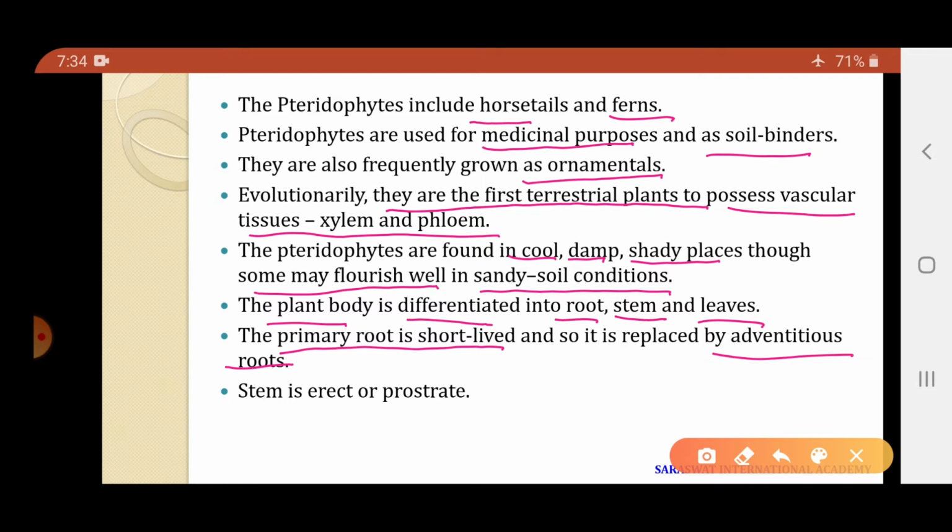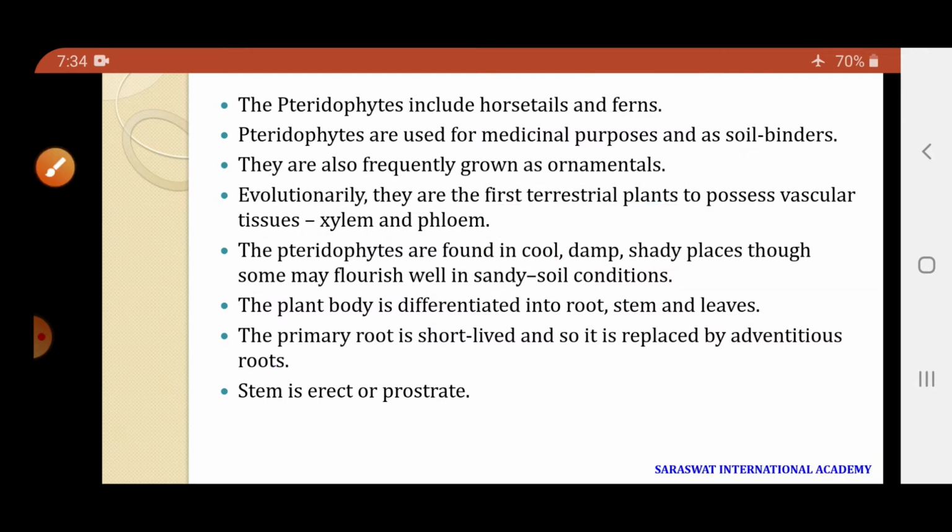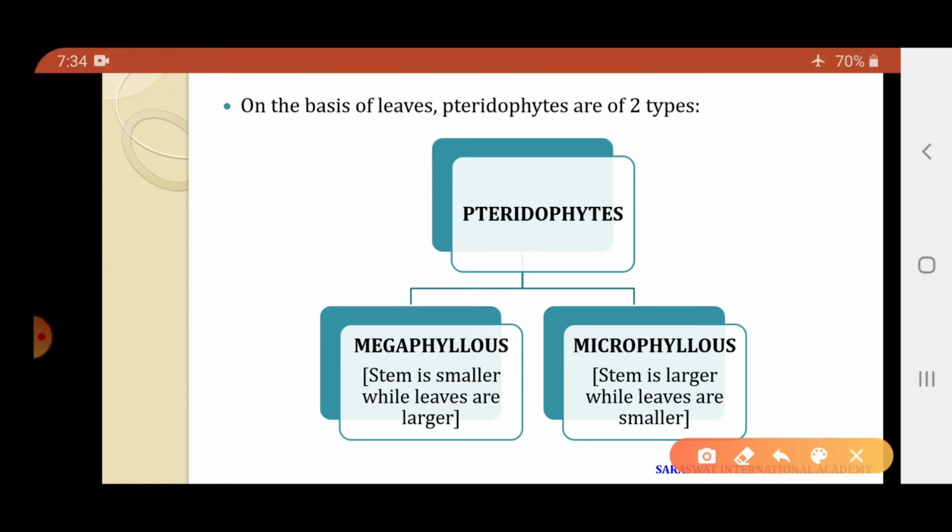The stem here is erect or prostrate, that is, either it may be an erect stem or it may lie on the ground.